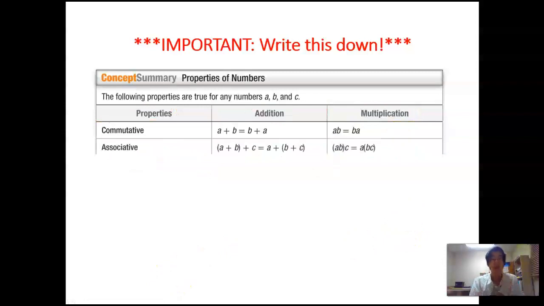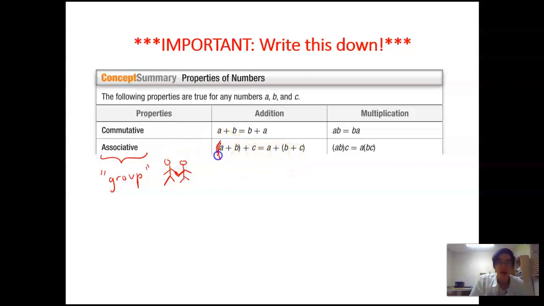Associative has the root word associate in it. Okay, so usually associate means group. I put things together. So you've got one guy right here, and he's going to group up with another guy right here. They're like holding hands. How cute is that? Alright. So here's the little formula right here.